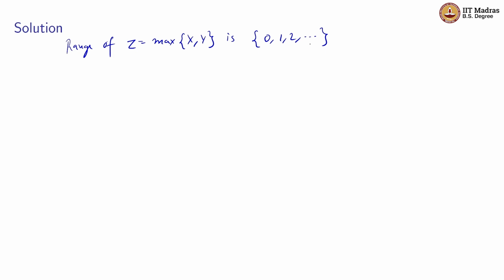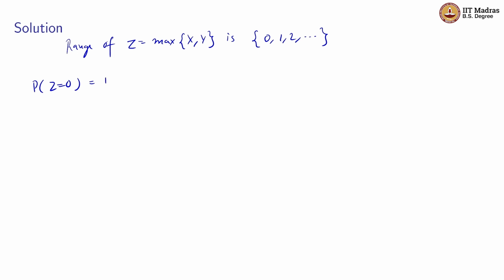First of all, let us find the probability that z is equal to 0. That is, we have to find the probability that max of x and y is equal to 0. For this we have to add the probabilities of all possible xy pairs such that max of x and y is equal to 0.